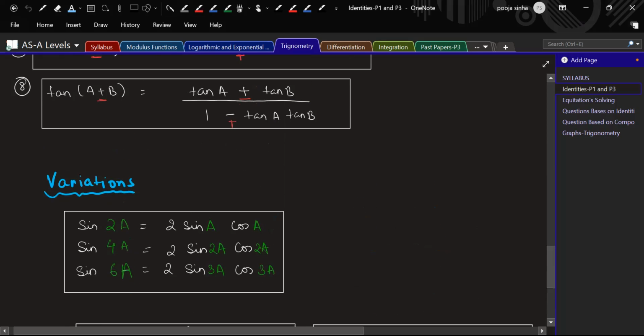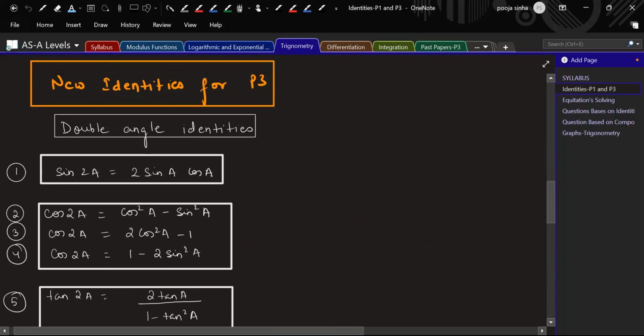I'll just show you the formula once more. The double angle identity is sine 2a is 2 times sine of a into cos of a. So they are all being multiplied. Whatever is the angle here, उसका half हो जाएगा. तो अगर ये 60 है तो ये 30 होगा और ये भी 30 होगा. And this 2 is being multiplied with the entire thing.